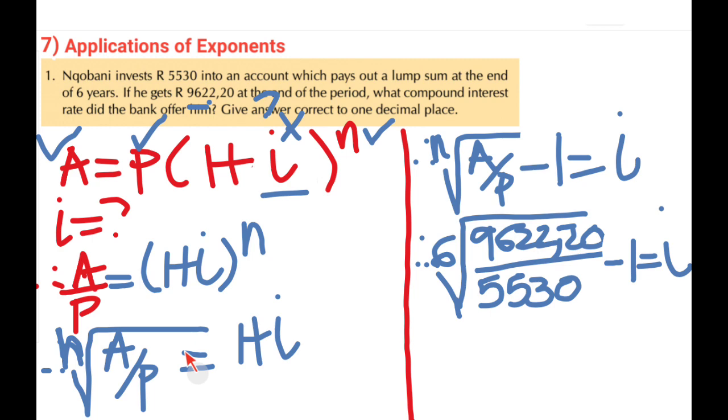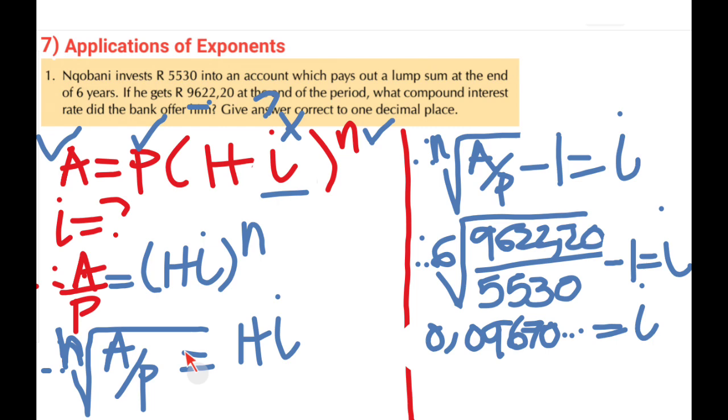That is equal to, it will give you 0.096709 and so on. That is equal to I.